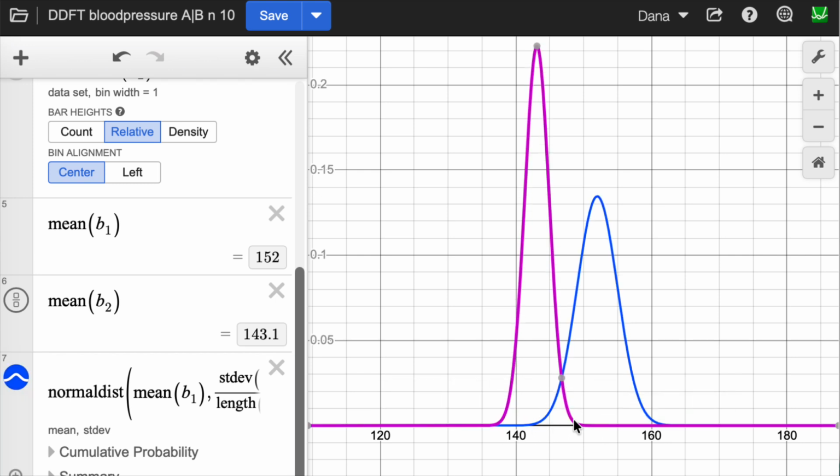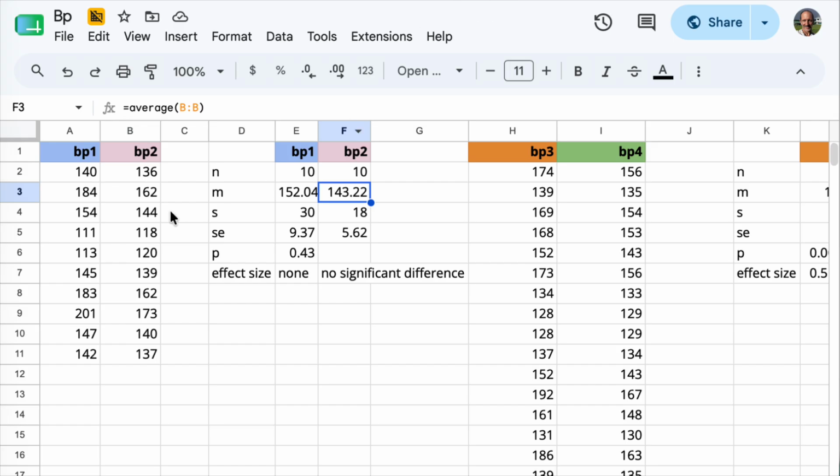Add a few people and that mean could go up or down. So with just 10, we don't have a big enough difference. In fact, our p-value is 0.43. We want this to be smaller than 0.05. If you've had statistics, that's the p-value. We don't have any difference in terms of effect size, how big the difference is. We don't have a difference.